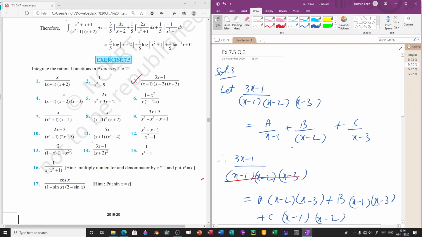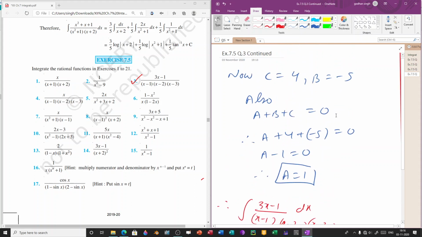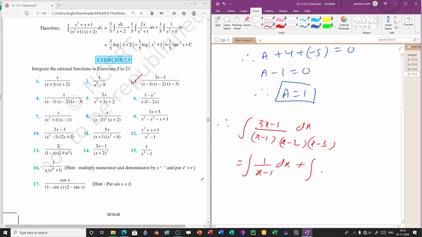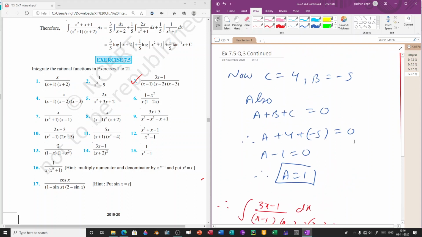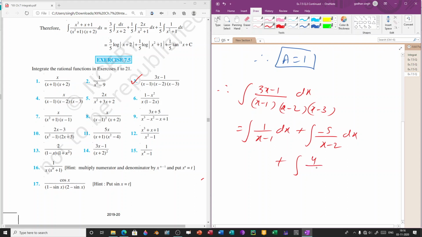That is how we rewrite the function to be integrated. So it equals the integration of a over x minus 1, where a is 1, so 1 over x minus 1 dx, plus b over x minus 2, where b is minus 5, so minus 5 over x minus 2 dx, plus c over x minus 3, where c is 4, so plus 4 over x minus 3 dx.